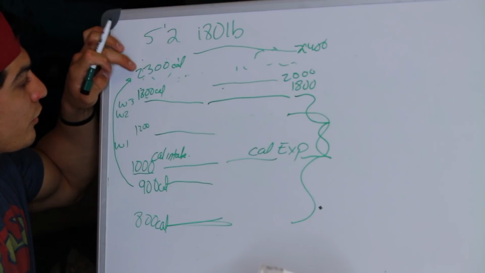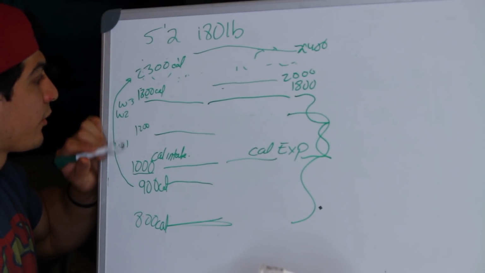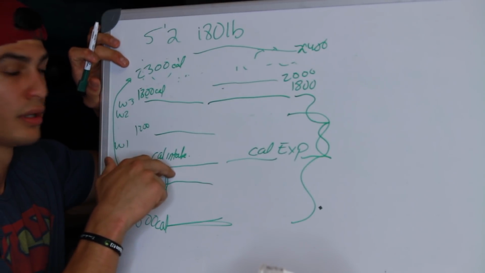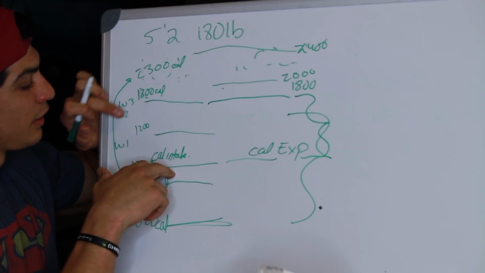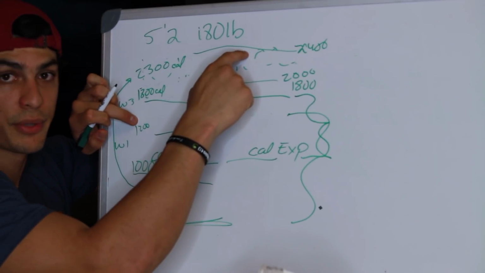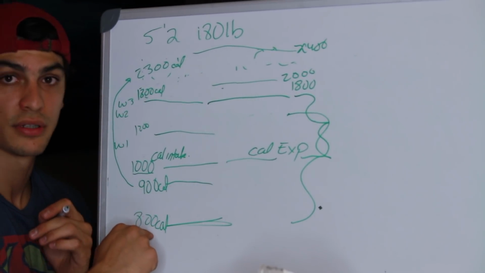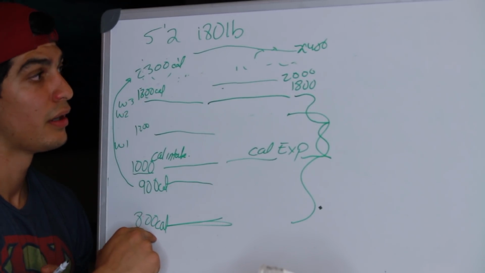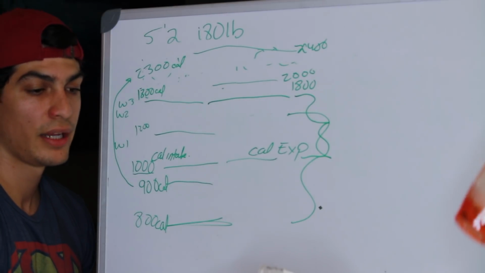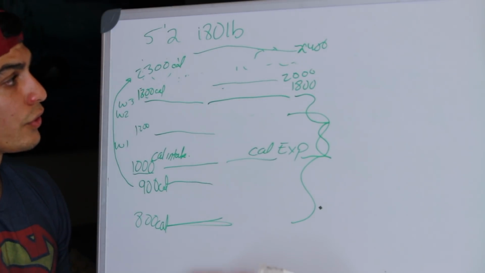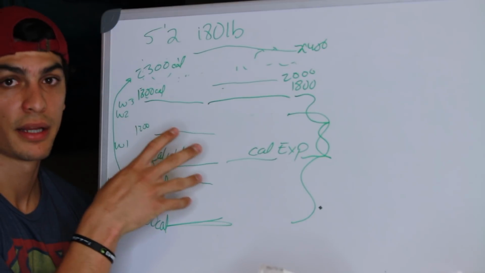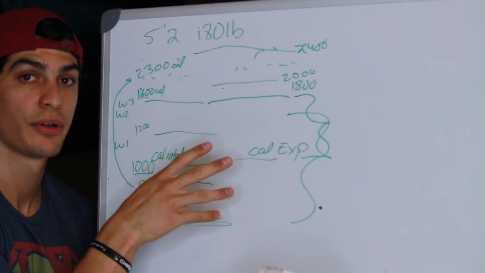So if you don't see results, you're just going to lower it back down to 1,000, but you're still going to have that cushion. You don't have to keep it at 1,200, raise your expenditure to 2,300, and then when you don't see results, drop your calories down to 800. That's not healthy. So it's losing weight in a healthy way. That's the baseline for where I get the starting calories from.